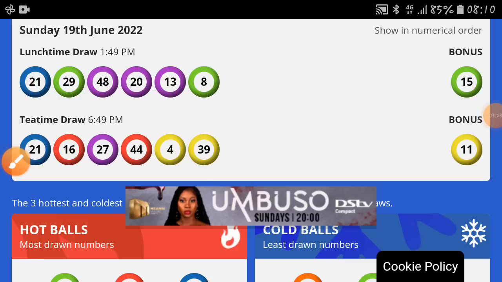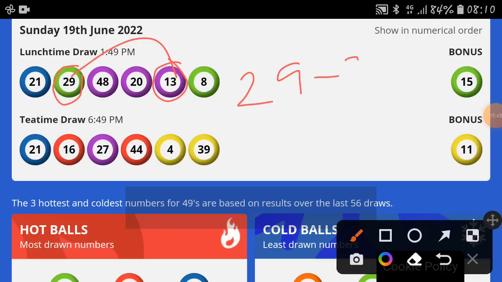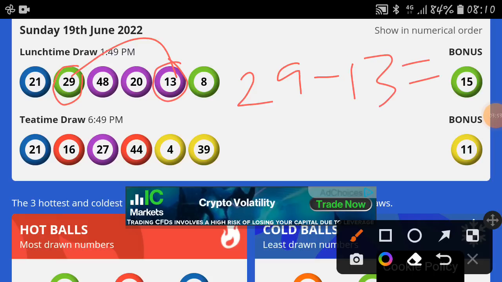Movement. Is there anything moving there? Let's look at 13 and 29. They are exchanging positions. 29 minus 13 equals 16.